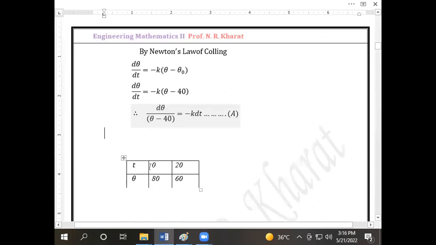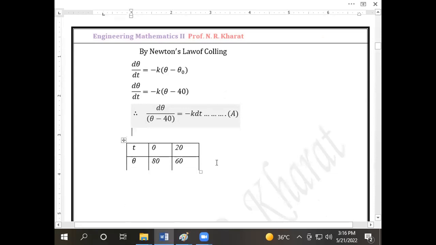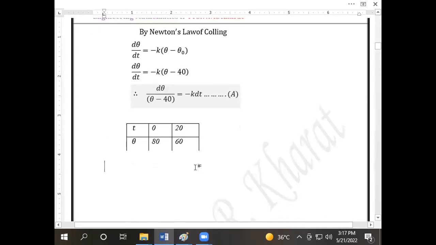We use the conditions: t equal to 0, theta equal to 80, and t equal to 20, theta equal to 60. So we integrate this equation with the limits t equal to 0, at which theta is equal to 80 degrees.